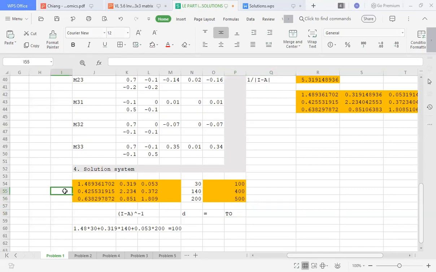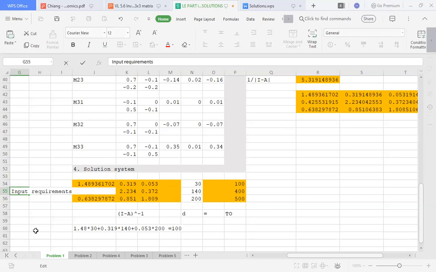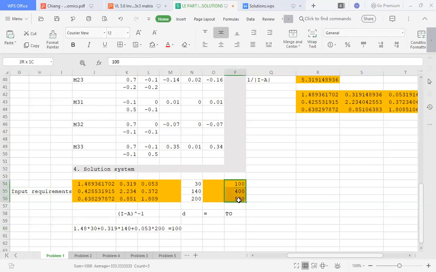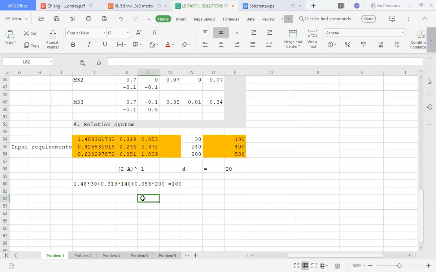Again, this is our input requirements. Let me put that one on the side. So this is our input requirements. Input requirements should be equal to your total output. So this inverse right here multiplied to the constant would equal the total output. Input equals output.